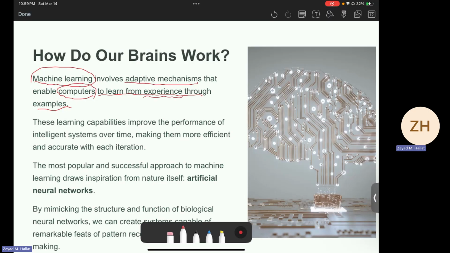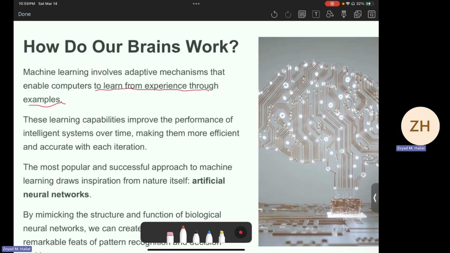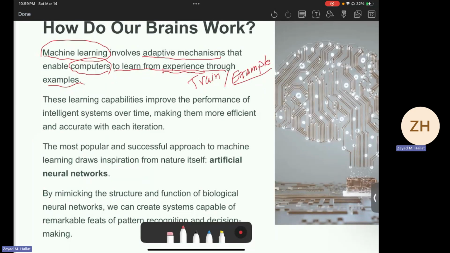Now, the experience that we refer to here is the training data set. Remember that we have trained examples, and these trained examples are the data set that we can use for learning a specific model or training a specific machine learning model. These learning capabilities improve the performance of intelligent systems.